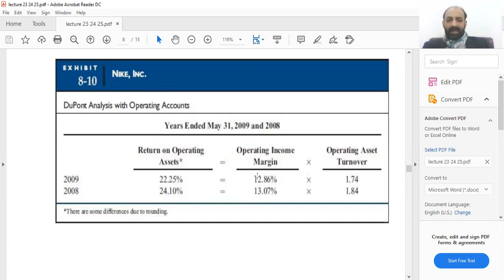Hence, we can say that return on operating assets is directly linked to operating income margin and operating asset turnover. If there's an increase in one, that will also lead to an increase in return on operating assets. If there is a decrease in one, it will again lead to a reduction in the return on operating assets ratio for that company.